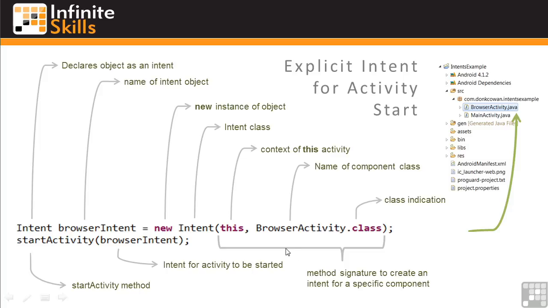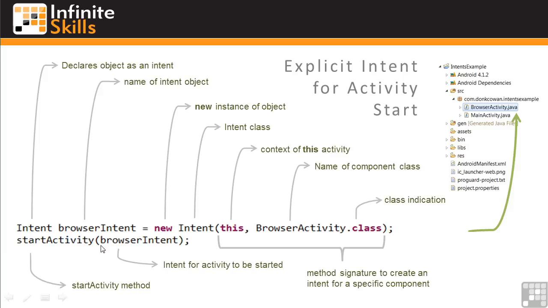And this signature has two parameters. The first is the context of the activity, which is designated as this, which is the context for the current activity. The second is the name of the component class that the intent will start. In this case, it's the browser activity that we added in a previous lesson.